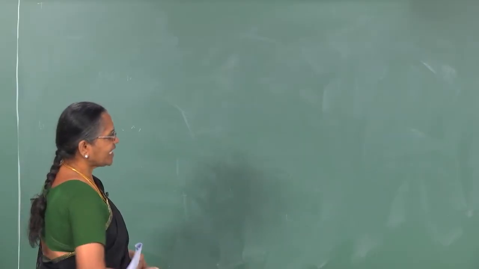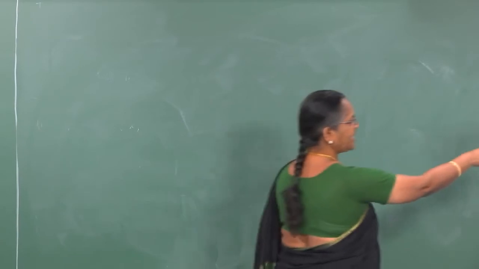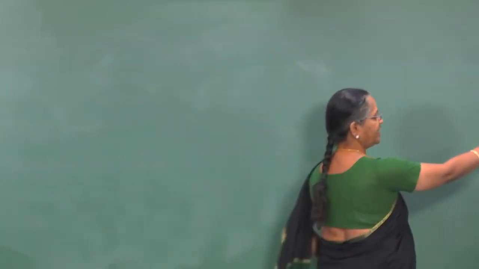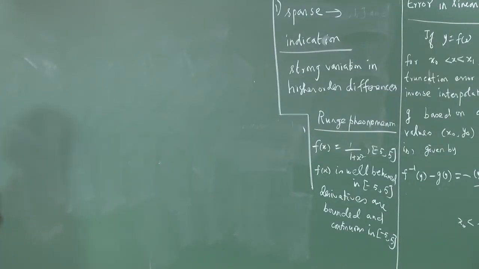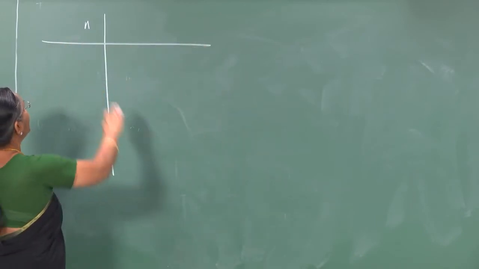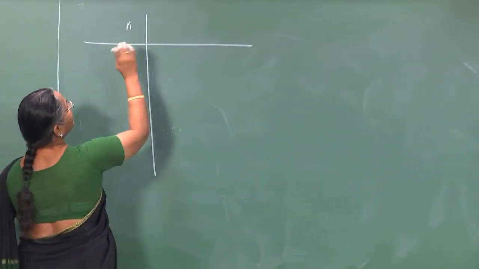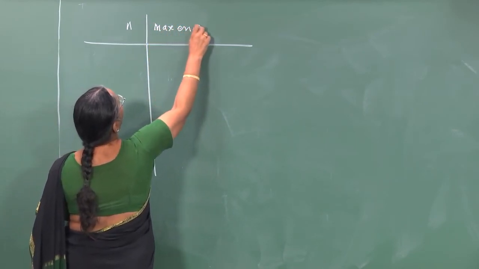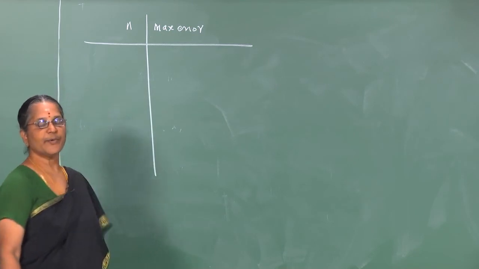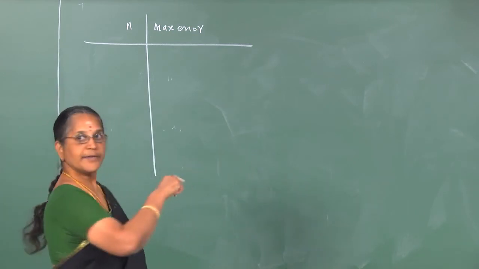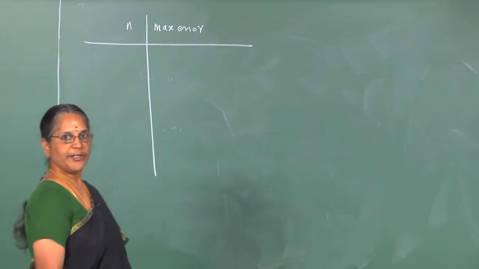He constructed interpolation polynomials that interpolate this function in this interval -5 to 5 by taking various degree polynomials. I shall write down the degree of the polynomial here and give the maximum error incurred in interpolating this function by an nth degree polynomial.